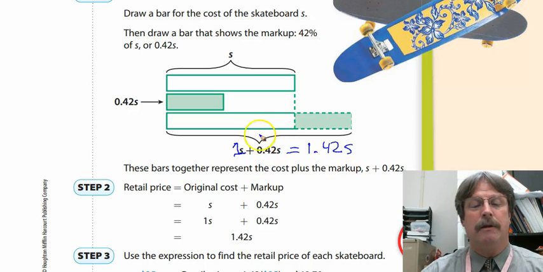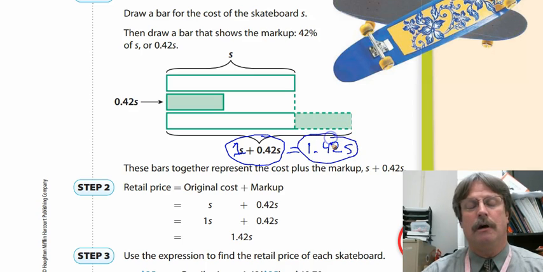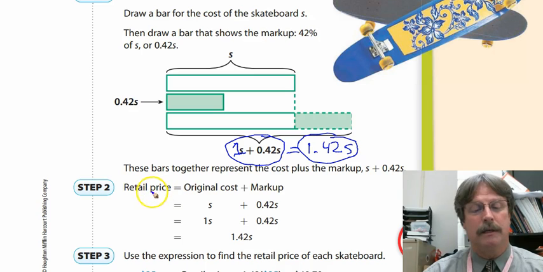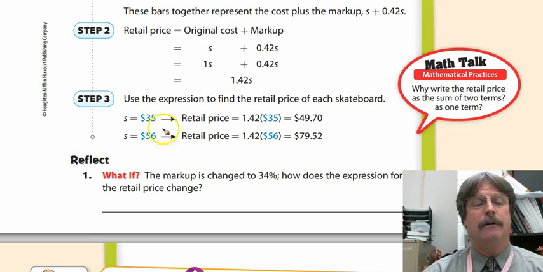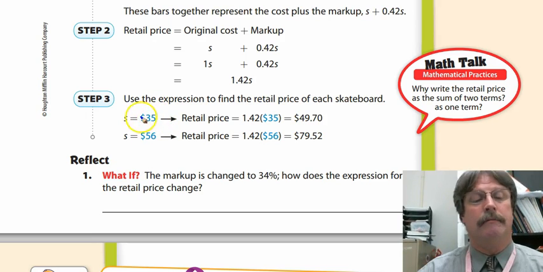So this is one way that you can show, and this is another way that you can show how your markups are. This is what they show you down here. The original cost plus the markup equals the retail price. They go through the steps where we take the 1S plus 0.42S equals 1.42S. Now they've substituted in the $35 where S would be.